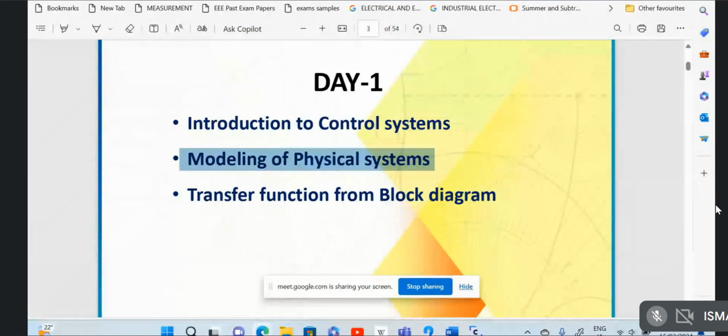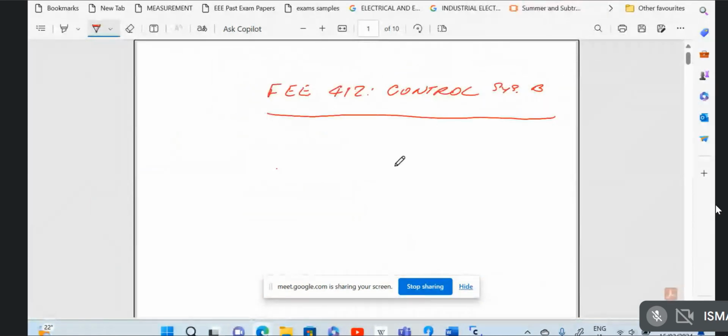If you talk about physical systems, we talk about loads, and majorly these loads in control systems, we shall look at them in terms of Newton's laws.